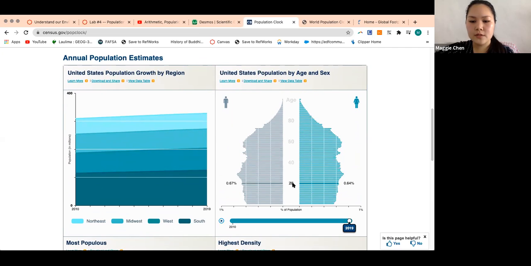So say in your 20s in the US, around 0.67% of people in the US are in their 20s and are male, and around 0.64% of people in the United States that identify as female are in their 20s.